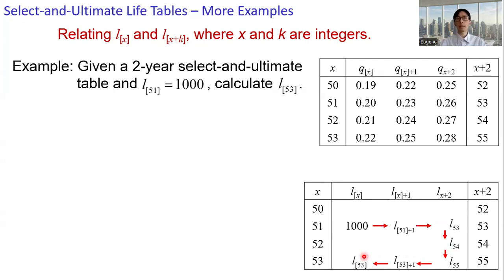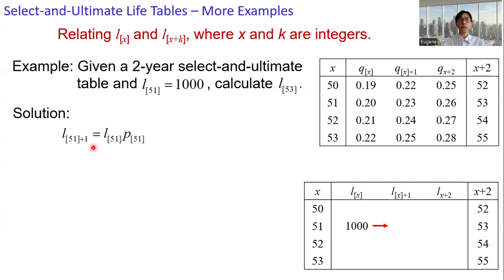All right, let's do the calculation. We need to get L51 plus 1, which is L51 times P51. We get 1,000 times 0.8. We have Q51, the select age at 51, is 0.2, so we get P51 is 0.8. L51 plus 1 is 800.